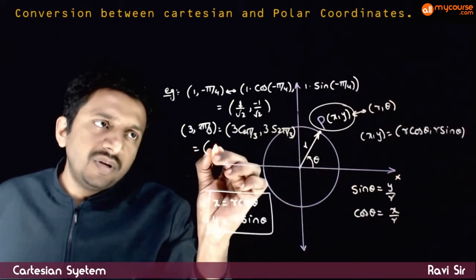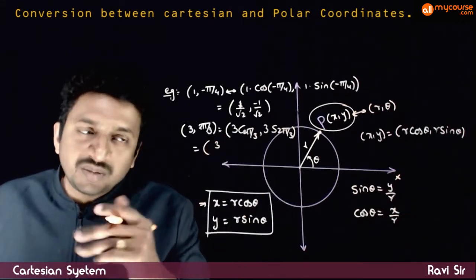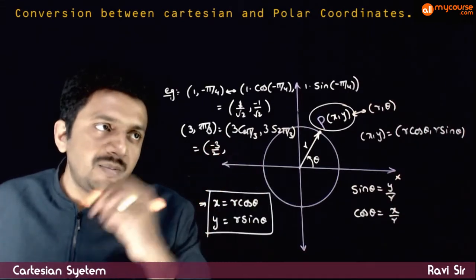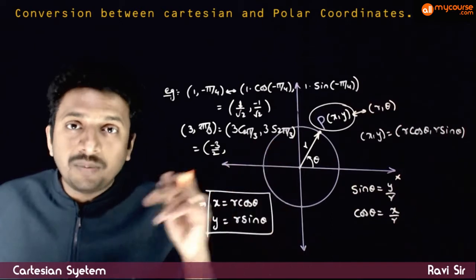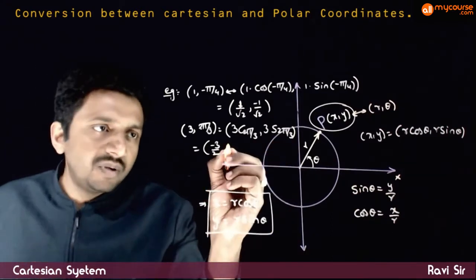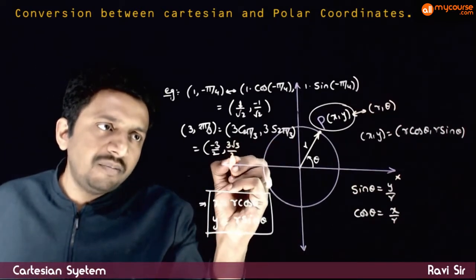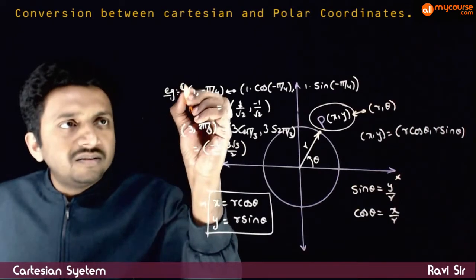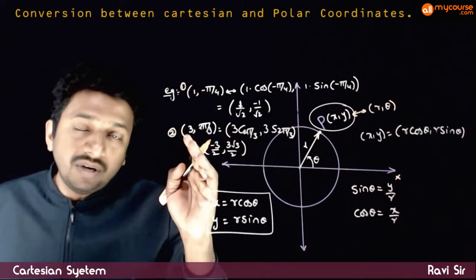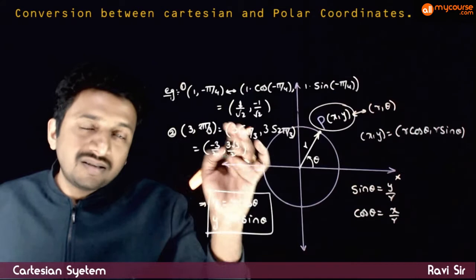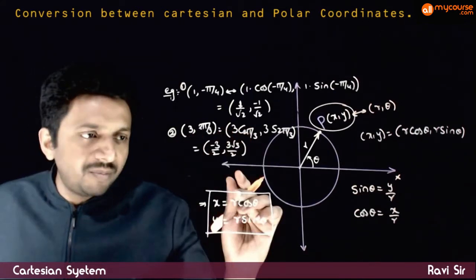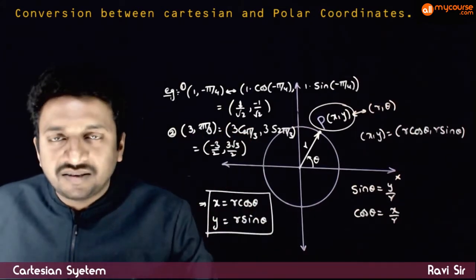That is equal to 3 times cos 2 pi by 3, which is minus 1 by 2, so minus 3 by 2, comma sin 2 pi by 3 is plus root 3 by 2, so we have 3 root 3 by 2. I hope you have understood how to convert polar coordinates into Cartesian coordinates. Just the formula is r cos theta comma r sin theta.